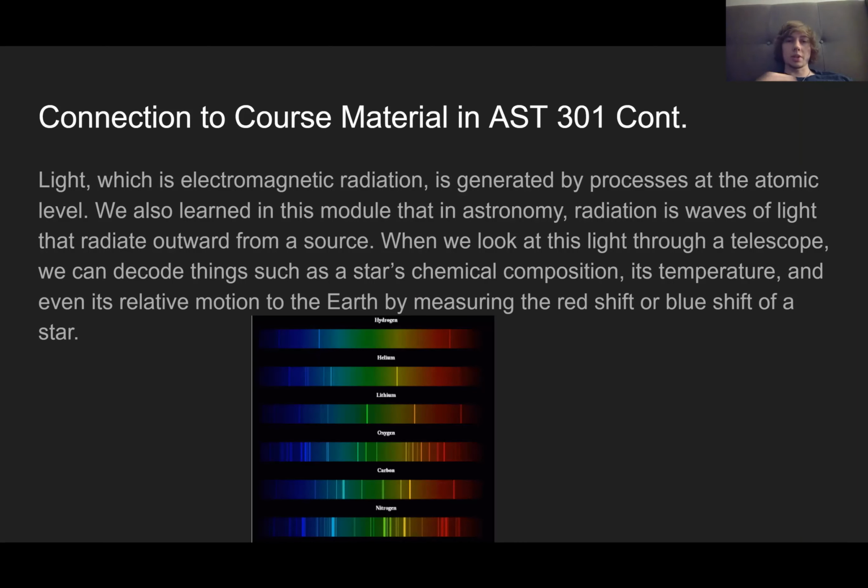We also learned in this module that in astronomy, radiation is waves of light that radiate outwards from a source. When we look at this light through a telescope, we can decode things such as a star's chemical composition, its temperature, and even its relative motion to the Earth by measuring the redshift or blue shift of a star.